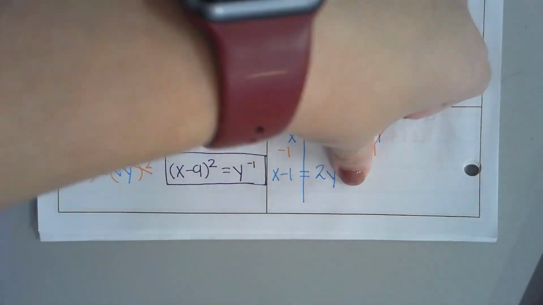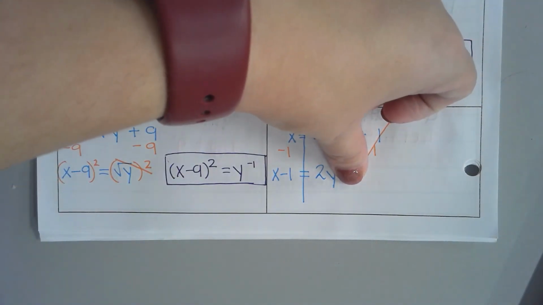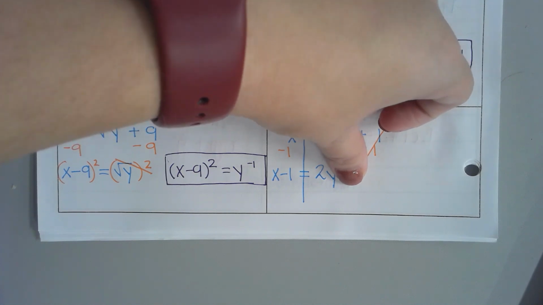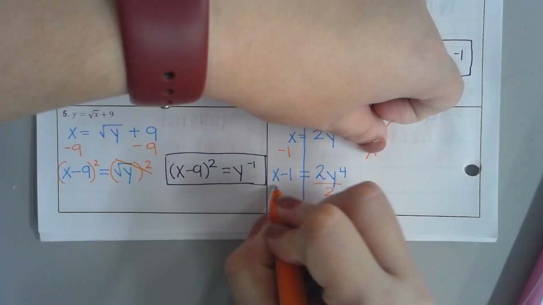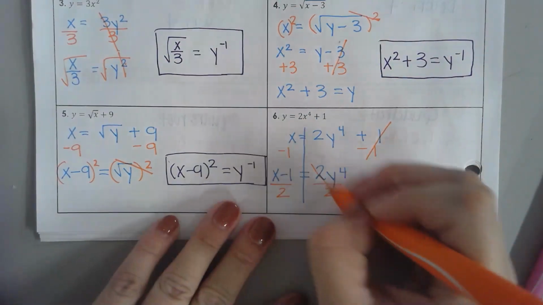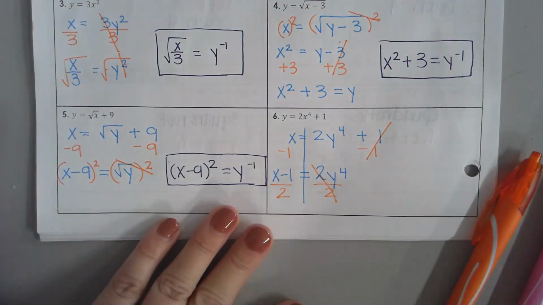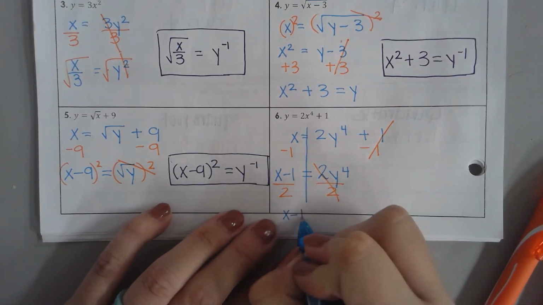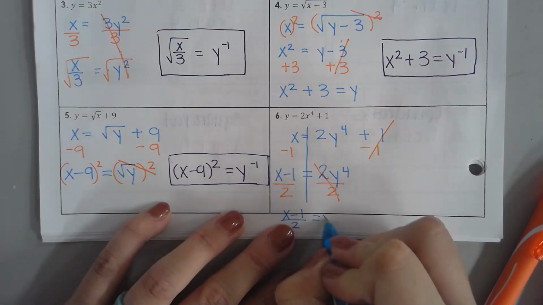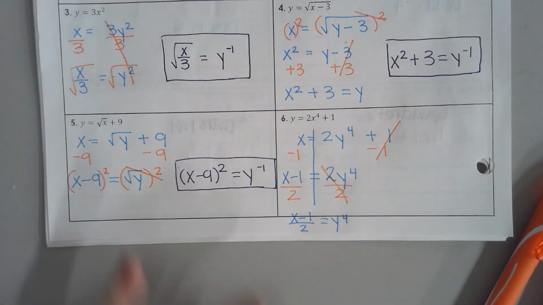All right. If that 4 wasn't there, what would my next step be? Divide by 2. Running out of room. Okay. So I have x minus 1 over 2 equals y to the 4th.